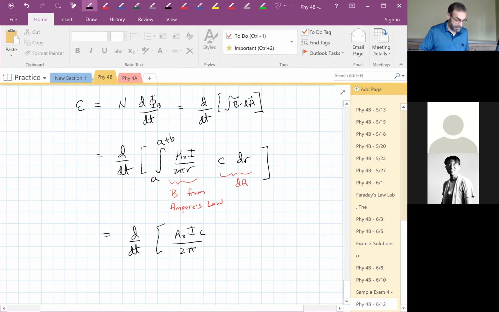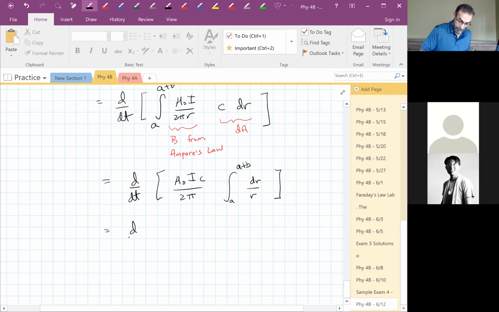Those are all my constants. I've got an integral from A to A plus B of 1 over r dr. That's going to be the natural log of r. That's the natural log of A plus B over A.